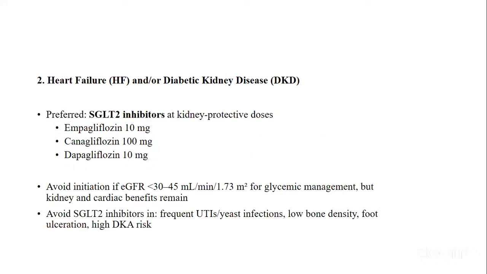Then if the patient has heart failure or diabetic kidney disease, the preferred ones are SGLT2 inhibitors at kidney-protective dosage. Studies have shown that these decrease disease progression for diabetic kidney disease, decrease heart failure hospitalization, and decrease mortality. The doses proven to have kidney-protective effect are empagliflozin 10 milligrams, canagliflozin 100 milligrams, and dapagliflozin 10 milligrams. For glycemic management, we have to avoid initiation if the estimated GFR is less than 30 to 45 ml per minute per 1.73 meters squared, because their glycemic effect is dependent on the estimated GFR.